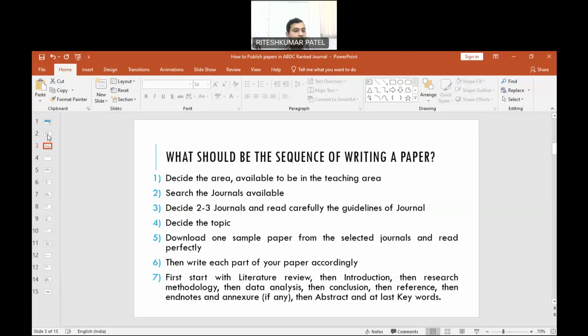First, you need to start with the literature review. You download certain papers pertaining to the topic that you want to explore, read them thoroughly, do a rigorous review, and then put it in a format where you can find a research gap, so that you will be able to support your research gap, your argument, with past studies: how it is accepted, how it is considered, why it is not considered.